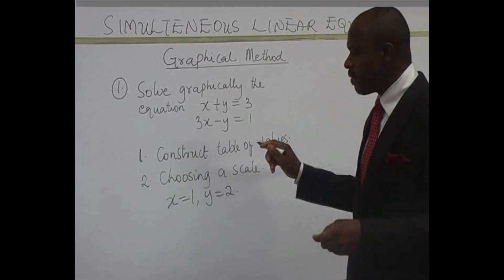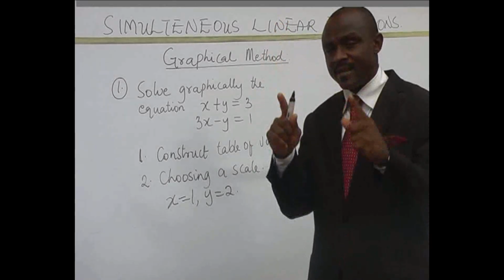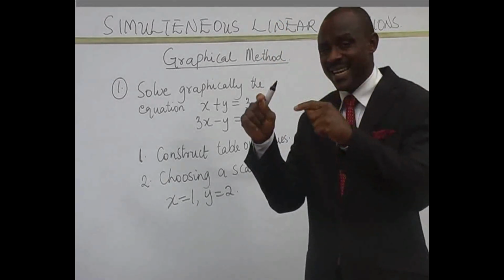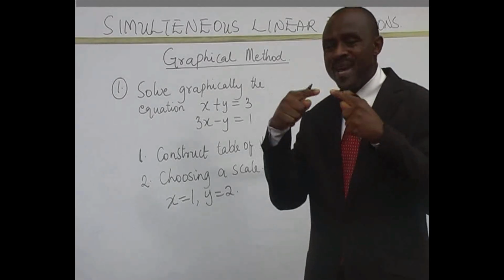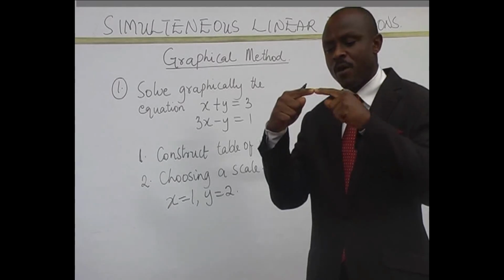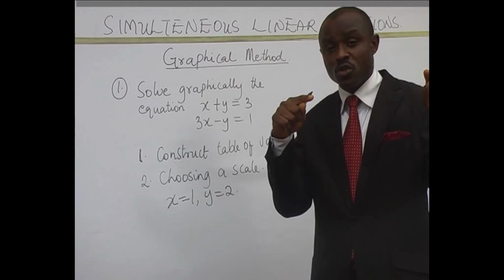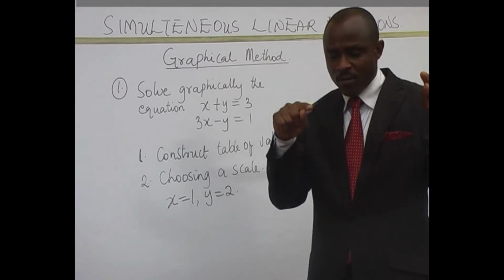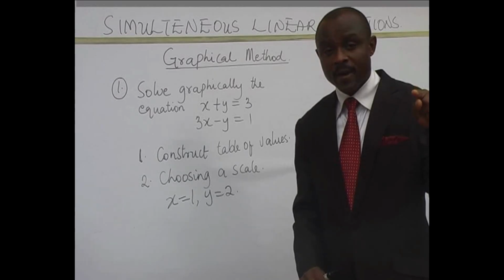Now you are going to discover that there are going to be two straight lines in the graph. Those two straight lines are going to meet at a point. From the point where they meet, we are going to read the value of y, and you will discover that it's going to be 2. And we read the value of x down, and you will see it's going to be 1.